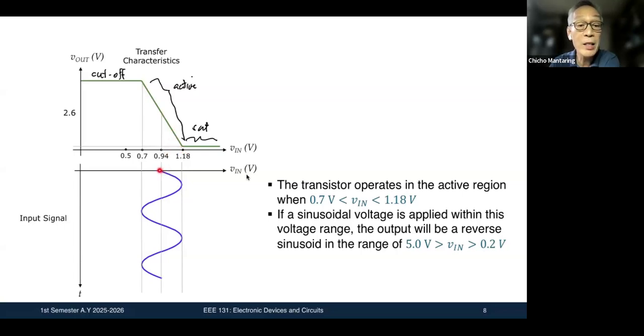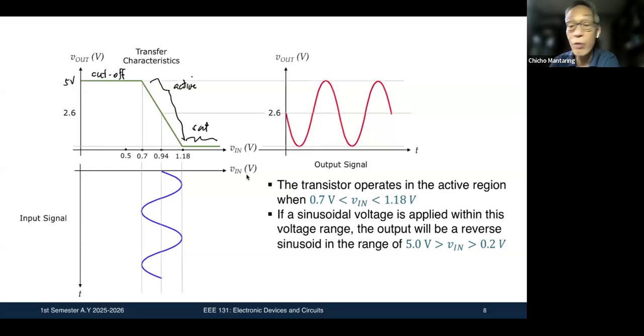First, at this particular point in time, my output will be 2.6. When my input becomes its maximum peak value, my output will be 1.18. When my input is its minimum peak value, my output will be 5, VCC. Remember, this is VCC, 5 volts. And so forth. So if I plot that versus time, this is what it will look like. At this point in time, my output is 2.6.